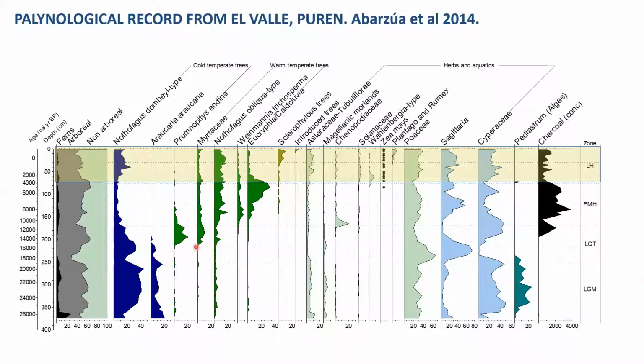So the comparison with the archaeobotanical record shows us the need to improve this data to determine more precisely the exact timing of more intense human activity or agriculture in this area.